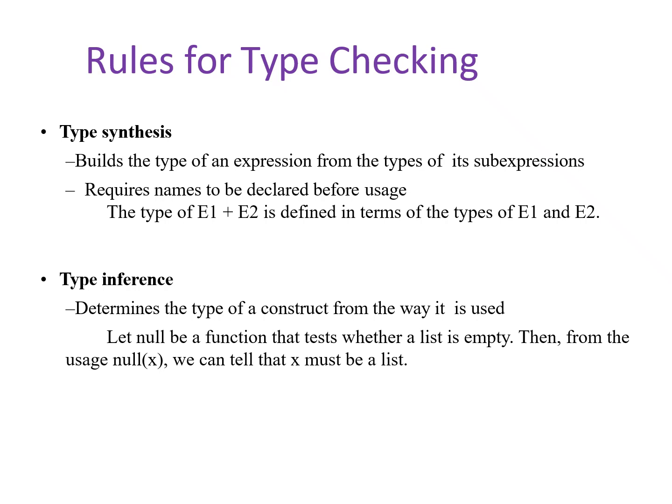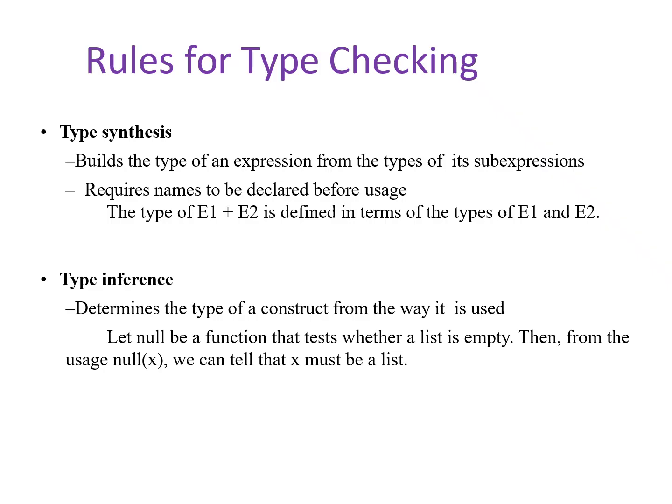This is called type synthesis, which means that it builds the type of an expression from the types of its sub-expressions. Next is type inference, which means that it determines the type of a construct from the way it is used. For example, we say this is always true in some cases. Hypothesis, as we have studied in mathematics, means that if this is true, this must always be true.